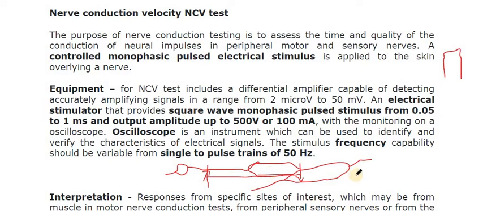Now when the time is calculated, we have the distance divided by time, and we have the velocity. And this is the velocity of what? This is the velocity of the impulse, because the impulse has traveled from this place to this place. So we call it nerve conduction velocity or nerve conduction test.